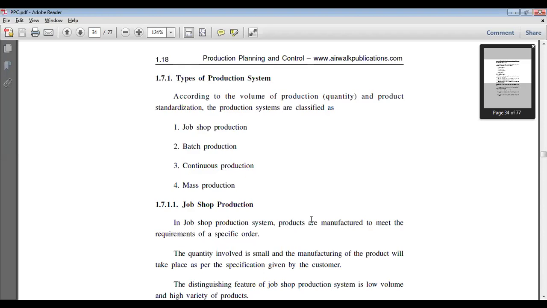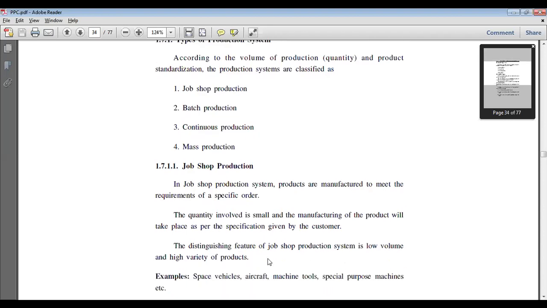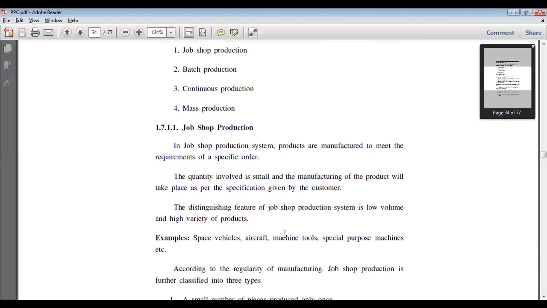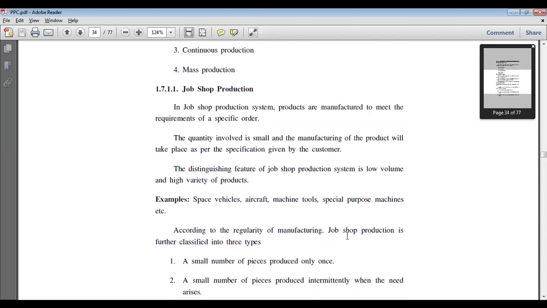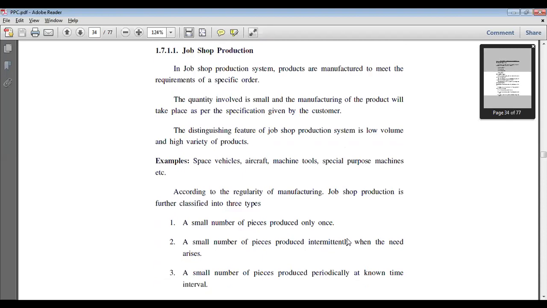Job shop production is small in quantity and high in quality. Examples: space vehicles, aircraft, machine tools, special purpose machines, etc. These are not high-consumption, high-manufacturing products. They are lesser manufacturing products, and at the same time complex jobs.